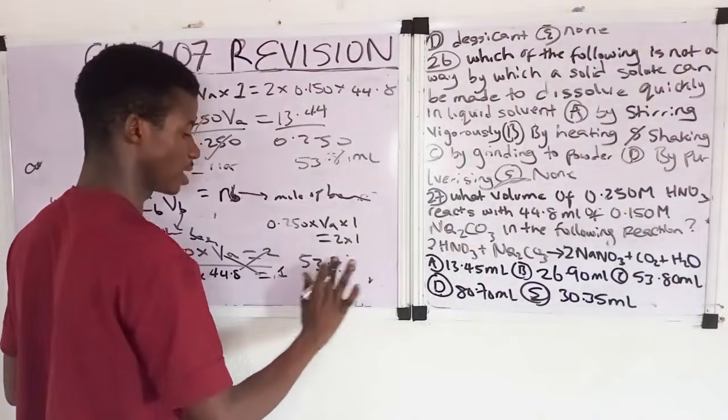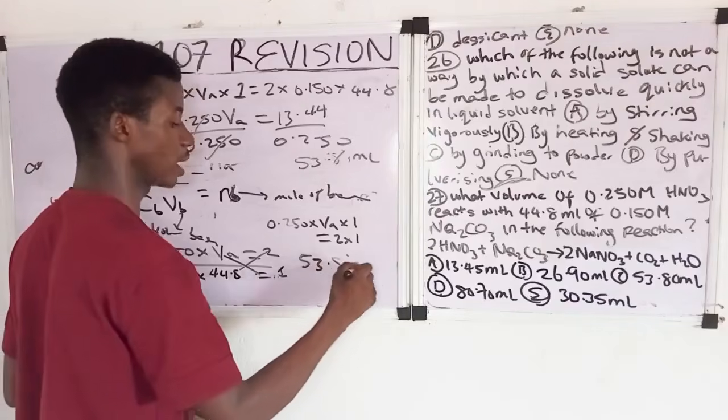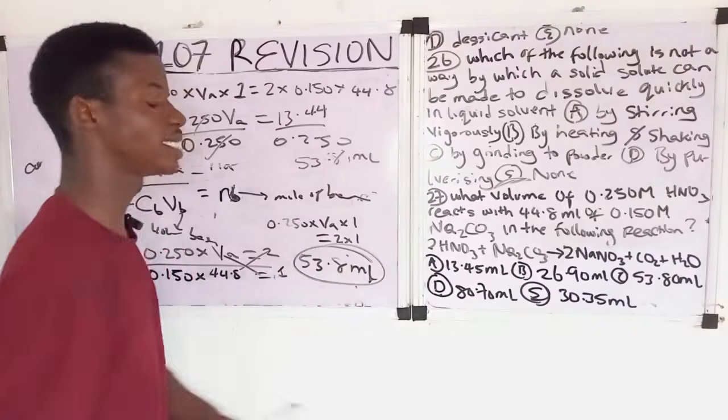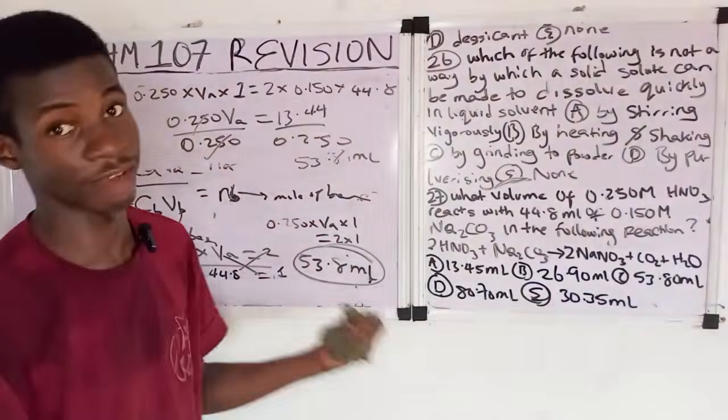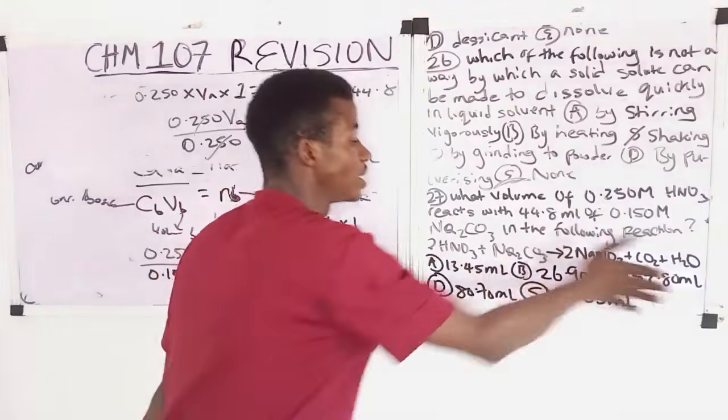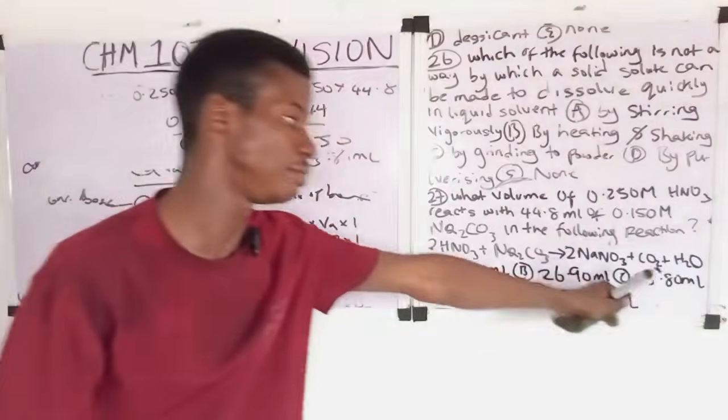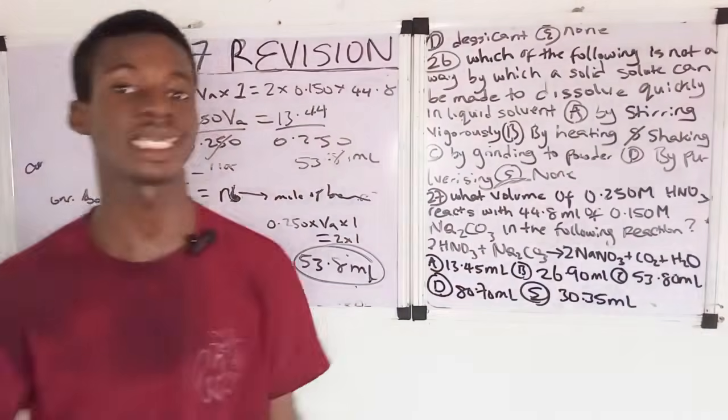If you approximate it, we get 53.8 ml. Since the answer in the options is in ml, we leave our answer in ml. We don't need to convert again. So the answer is 53.8 ml.